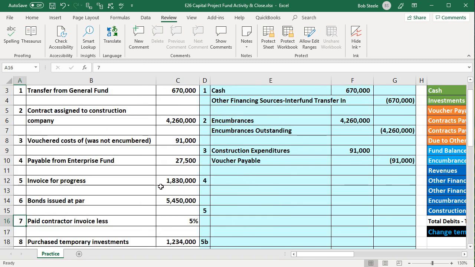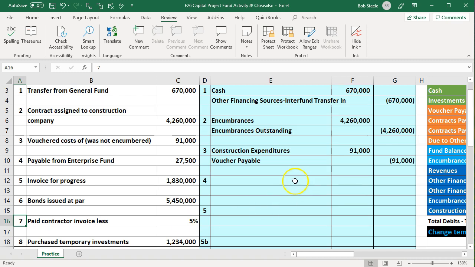Next item, we're going to go to number 4. Payable from the enterprise fund. So the enterprise fund is another fund. And we're going to say, in essence, the enterprise fund, which is a proprietary type fund, is charging us for something that they've done for us. So now we owe money then to the enterprise fund.